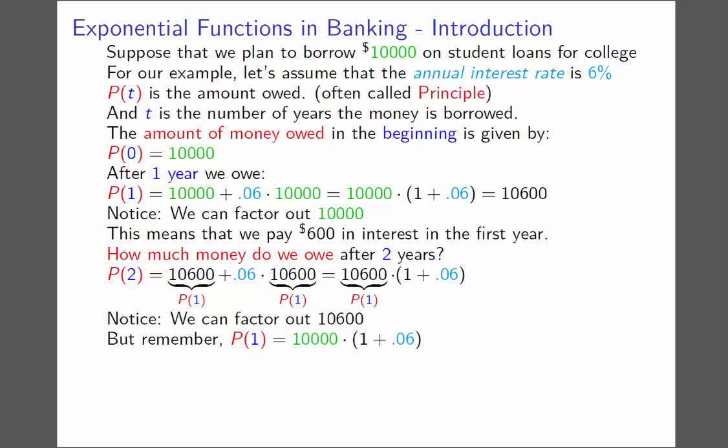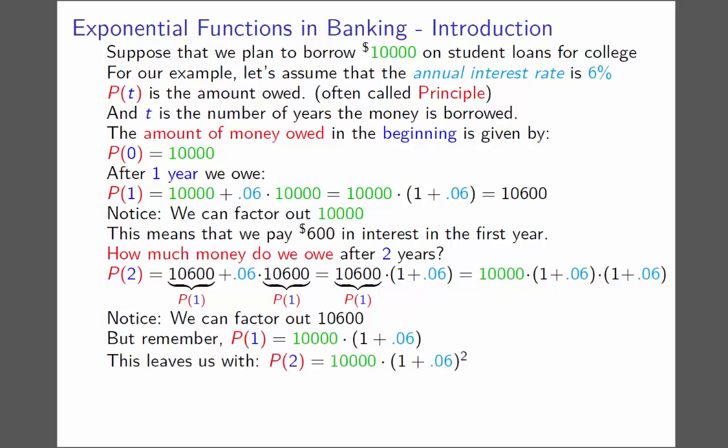But remember, P of 1, the 10,600, is 10,000 times (1 plus 0.06). So we can rewrite the right-hand side as 10,000 times (1 plus 0.06), which is P of 1, times another factor of (1 plus 0.06). This leaves us with P of 2 is 10,000 times (1 plus 0.06) squared, which comes to 11,236.